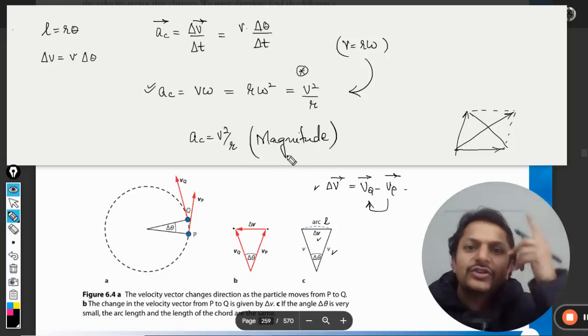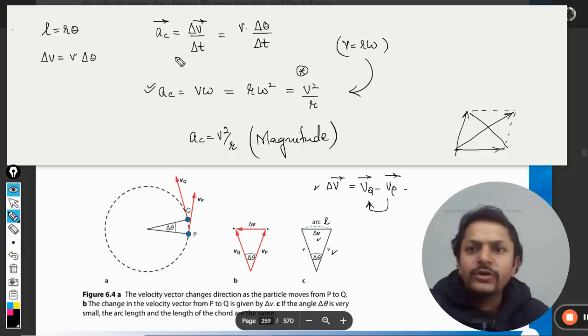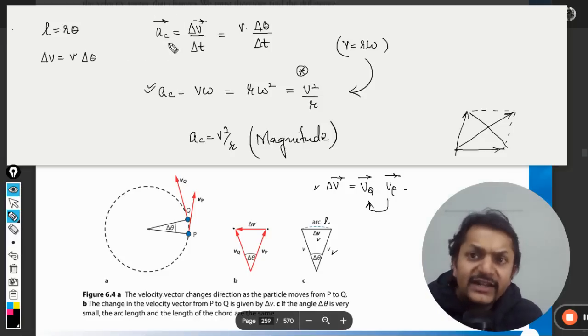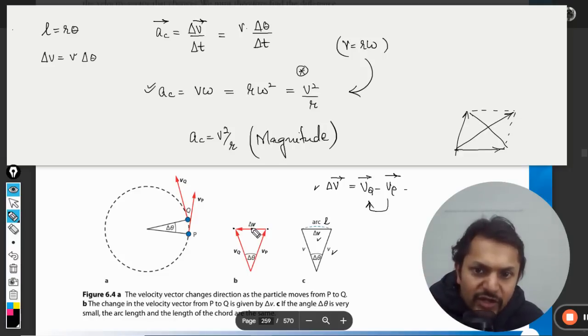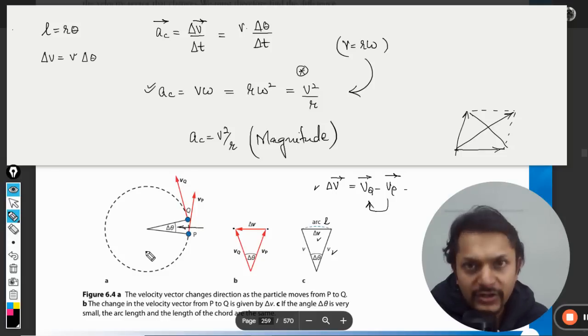What about the direction? Now, when we talk about direction, we will go to see the vectors. So here it clearly says that the direction of the acceleration is the same as the direction of change in velocity. So the change in velocity is like this. So it is actually pointing towards the center of the circle.